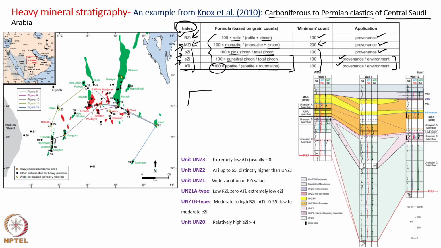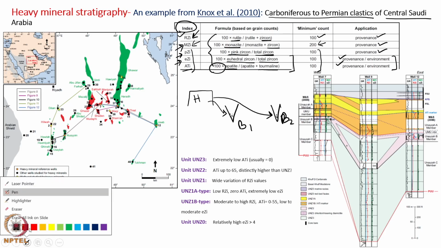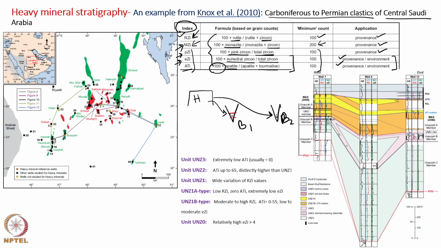Consider this is a source of a heavy mineral H in two basins B1 and B2. It is assumed that the heavy mineral comes here and deposits at the same time. If that happens, then we can say that these sedimentary columns were contemporaneous and we can join them, marking the correlation.